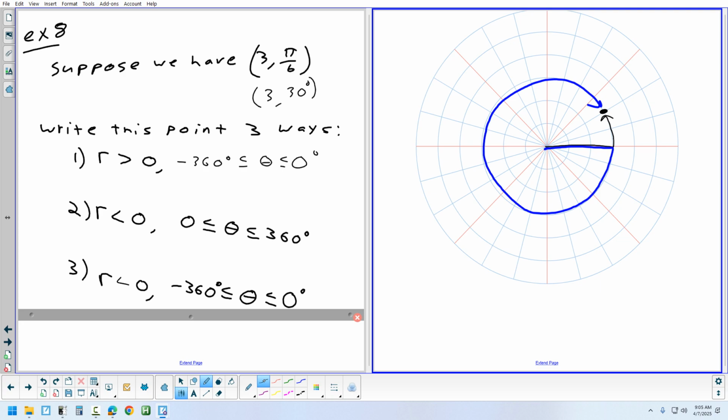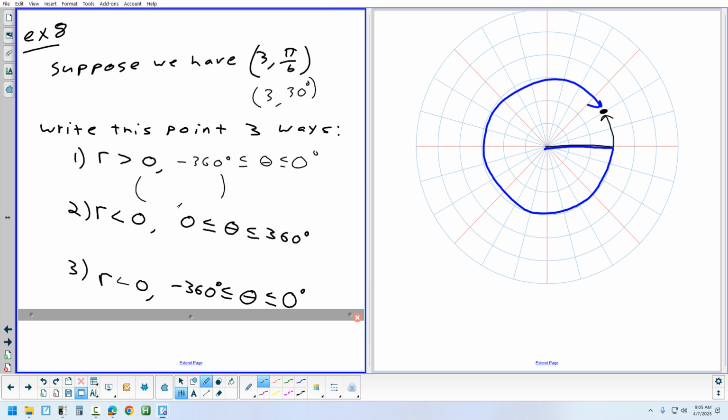In this case, do they want positive 3 or negative 3? Positive. They want r to be positive, and the only positive number that gets me on the third circle is 3. Now, how much did I rotate? 330, in the clockwise direction. So it's going to be negative 330. Perfect. And there's a way you can figure that out without sketching it: if you just subtract 360 from that number, you get negative 330.